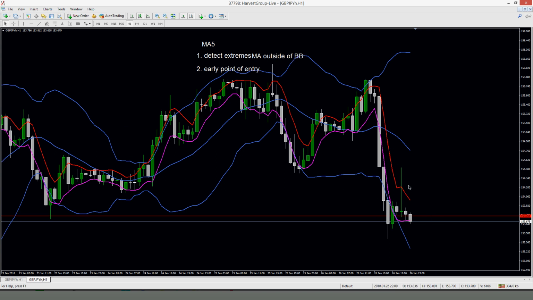Okay, so the latest candle over here, as you can see, rejects MA5 high and MA10 high, because I haven't put it in, but I'm pretty sure it has rejected MA10 as well. So these are the main functions of MA5 and MA10.